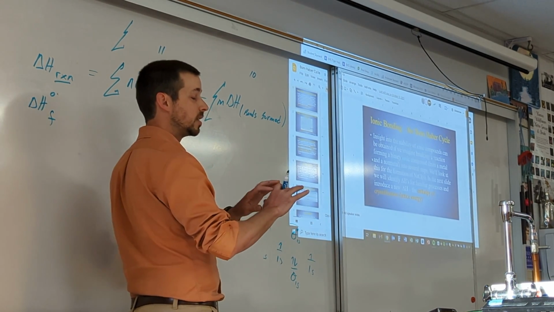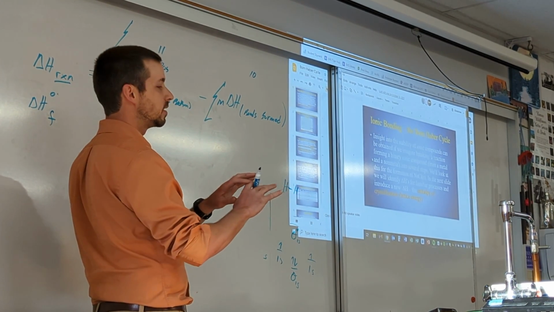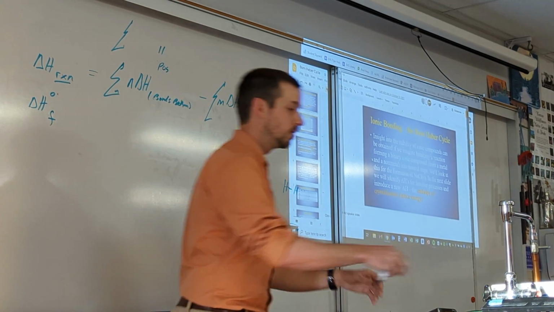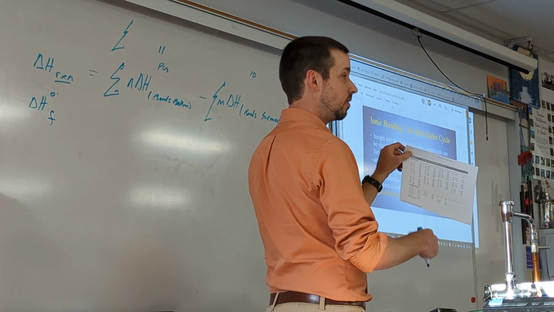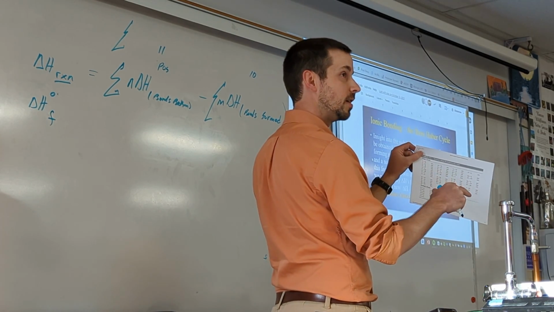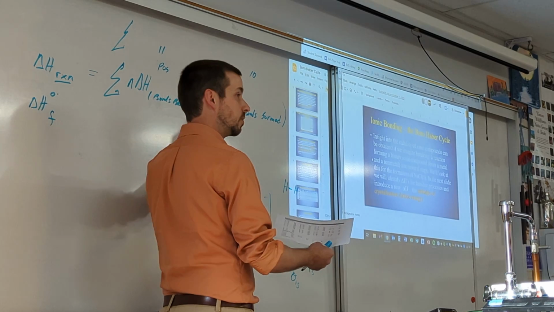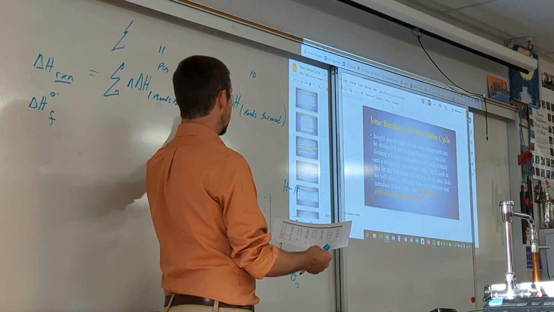I know I've overcomplicated it. If you use this equation with the tabulated values from this sheet, you get the right answer every time. Don't make anything negative if you use this equation, because this is taking care of that.